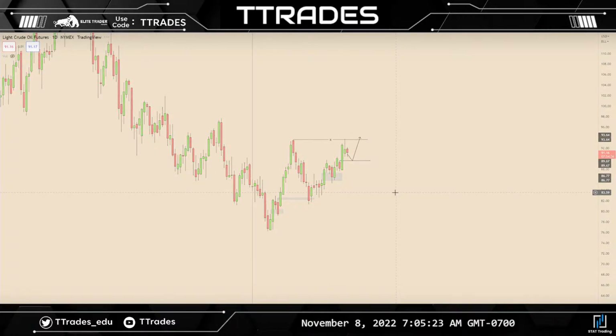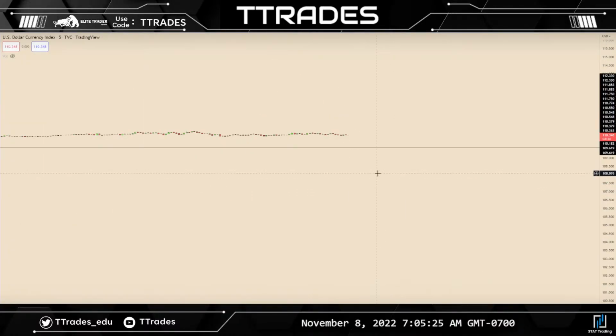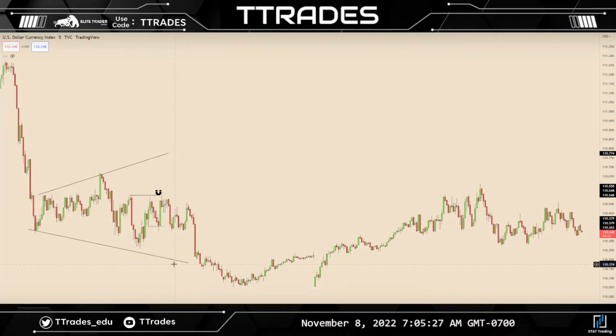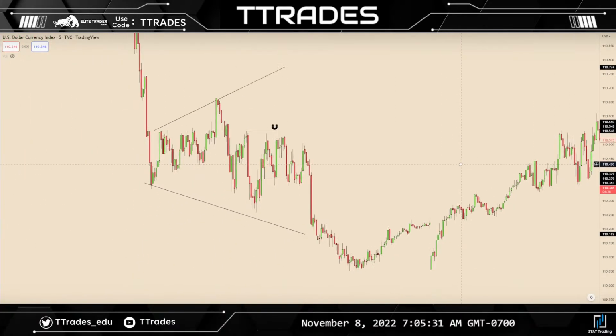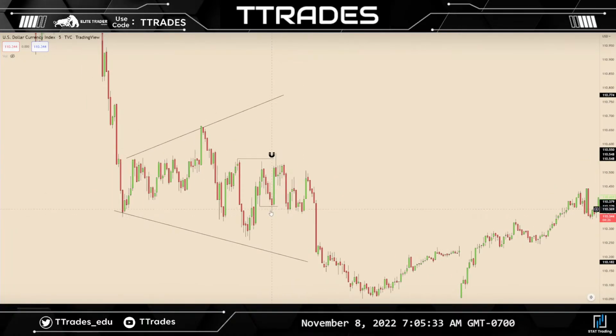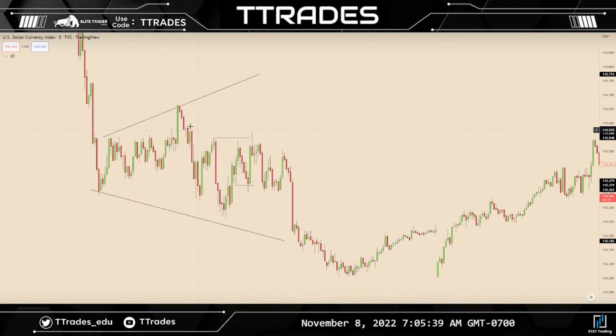Dixie, 5 minute. I just love looking at my previous annotations, right? You can see, took this low right there, and then that's why I had this high marked out. And if you look, what do we do after we take that high? Can't displace over it. Where do we go?